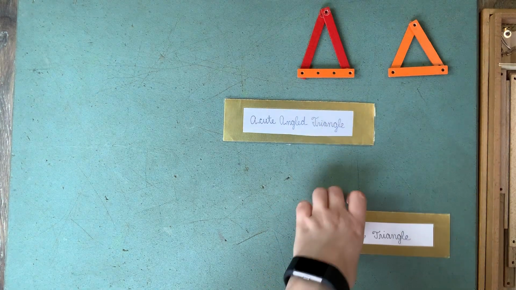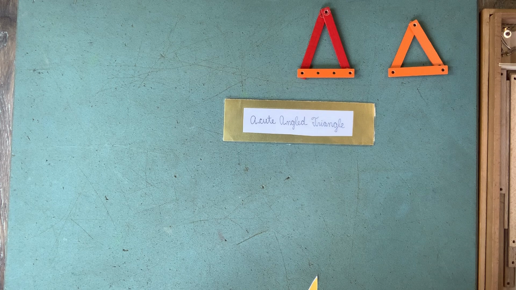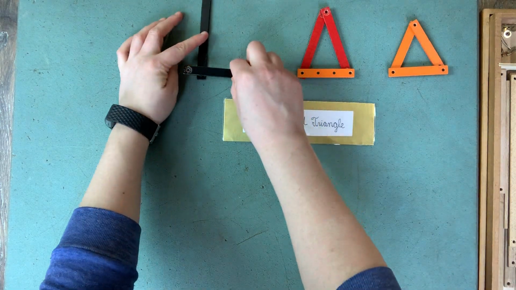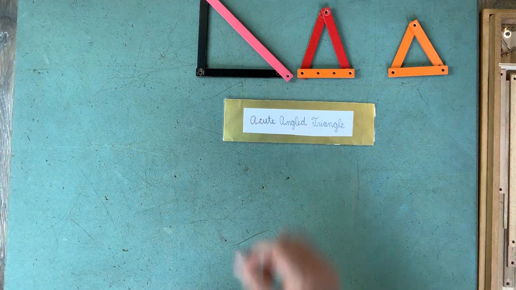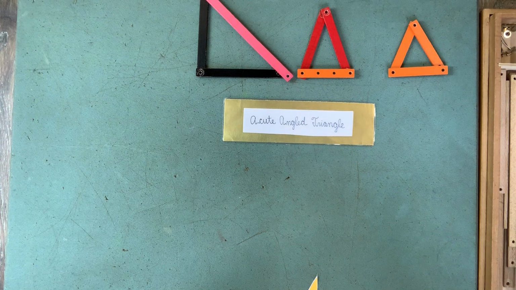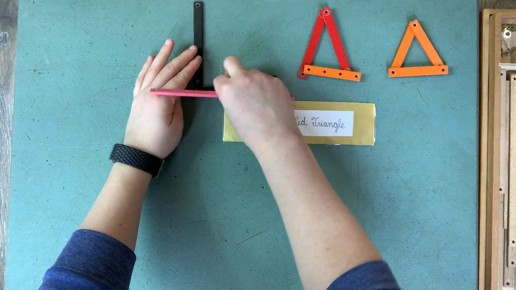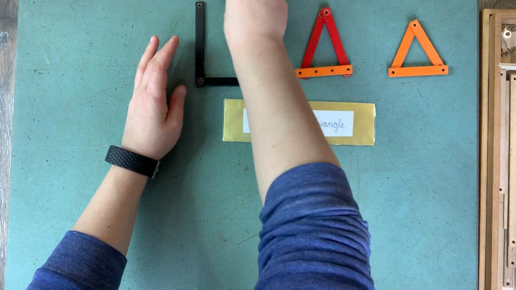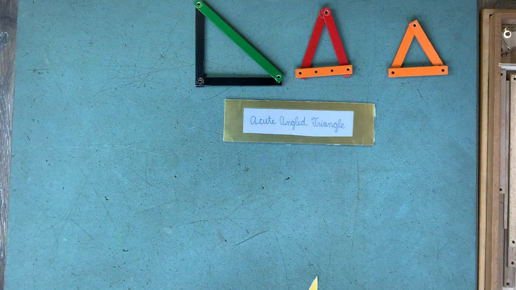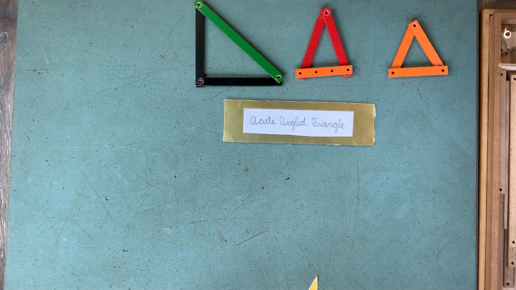All right, let's do another one. Can you guys see that? No, not really. Let's move it down a little bit. Use a different color. There we go. Okay, so this type of triangle is called an isosceles right-angled triangle.